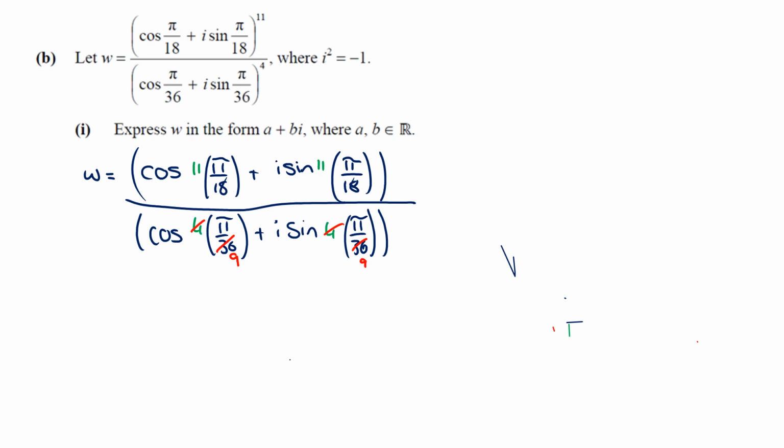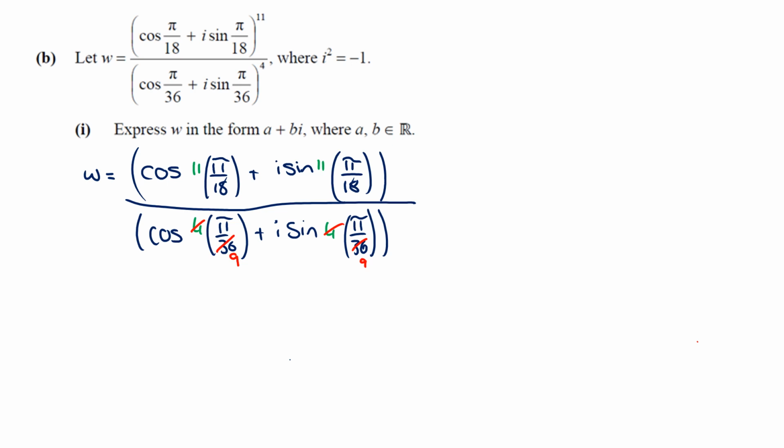And what I'm going to do now that I've done a little bit of cleanup is apply our shortcut, and the shortcut is so useful. We have a shortcut for multiplication and a shortcut for division, and they're the opposites of each other. So if you know one, you'll know the other. For division, we divide the modulus of the top by the modulus of the bottom, but there is no modulus, which implies that it's 1, so we don't have to work with it. And then we subtract the angles.